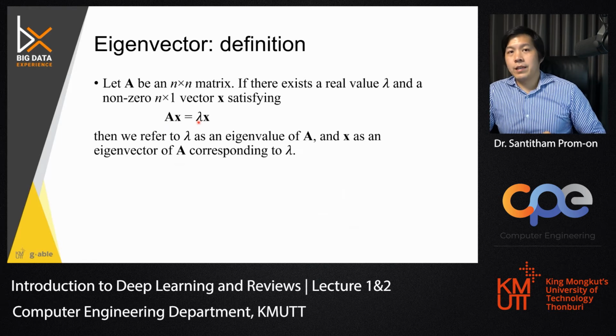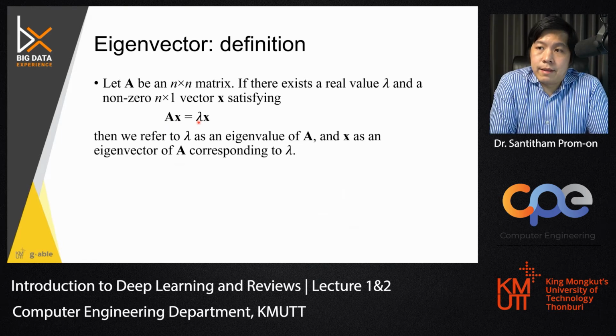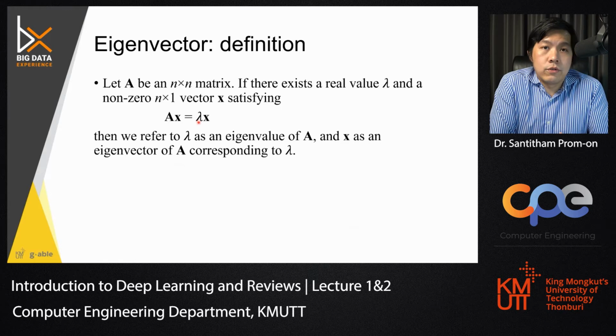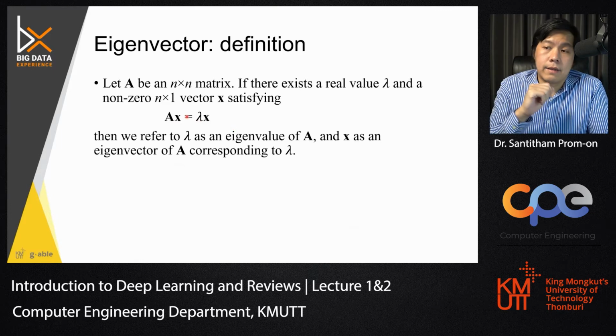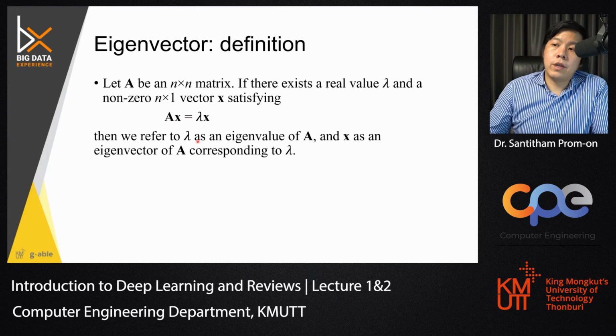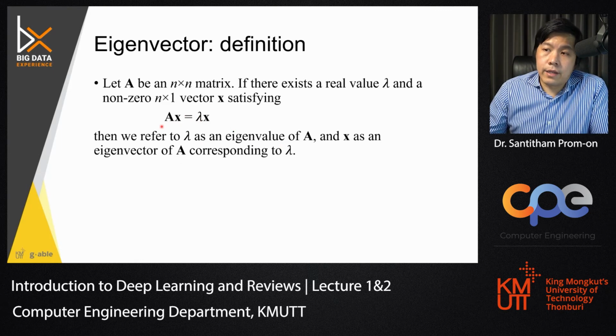What does that mean? It means the direction stays the same no matter what value you multiply the vector with. It would just scale, it would just enhance, but in that same direction. Okay, we call this lambda here of A an eigenvalue of A, and x the eigenvector.